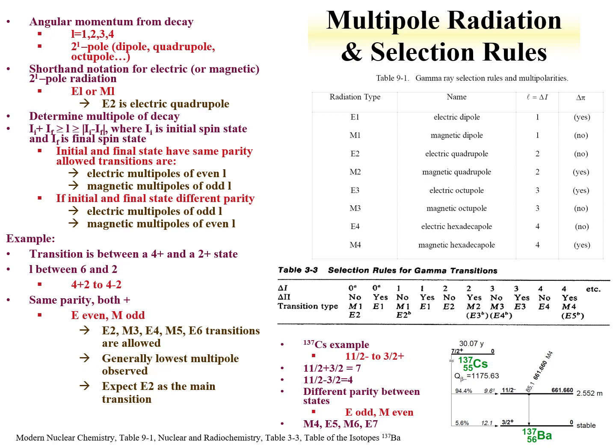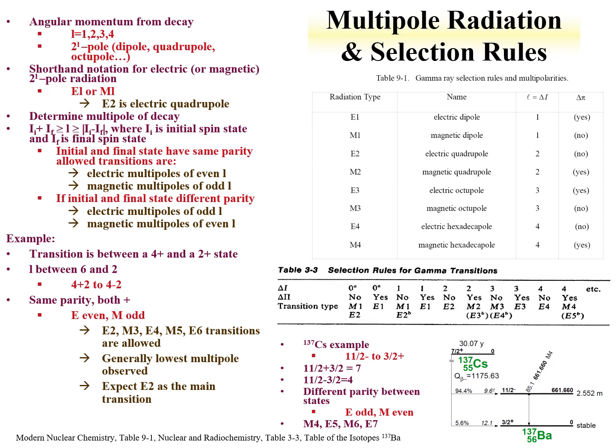Now there are routes where we can determine the multipole of the decay. All we're going to do is look at the spin and parity of the initial and the final state. Here we have the spin and parity of the initial state and the spin and parity of the final state. We can use this to determine the angular momentum of the decay, which will be used to evaluate what the polarity is. Basically, the polarity can run from the sum to the difference of the initial and final state.